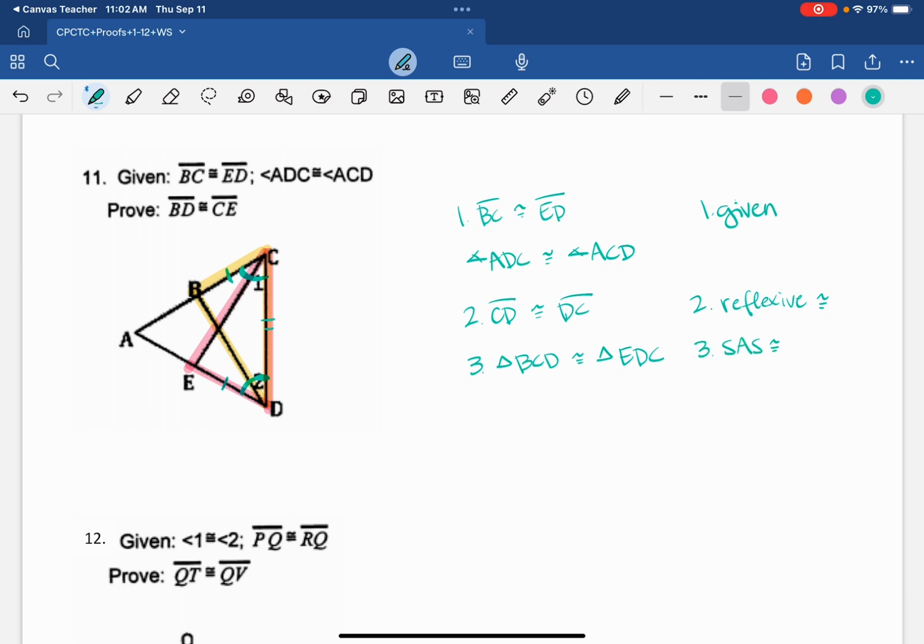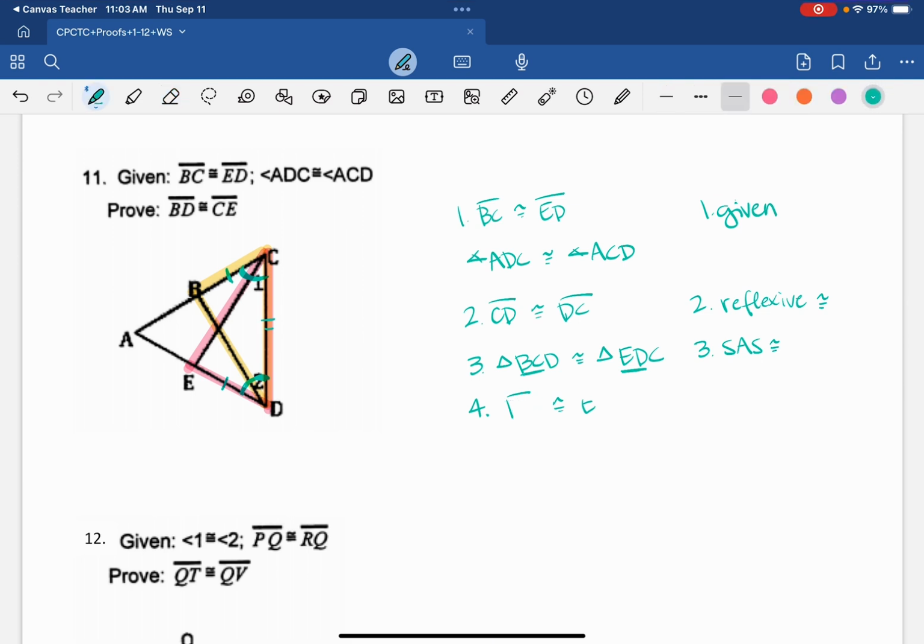And ultimately, we want to prove that BD is congruent to CE, and we can do that right away now that we know that our triangles are congruent. Notice that in our names, BC and ED are in the same spot. Let me change that up.